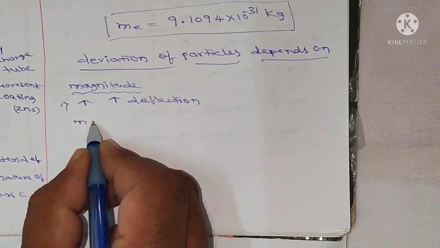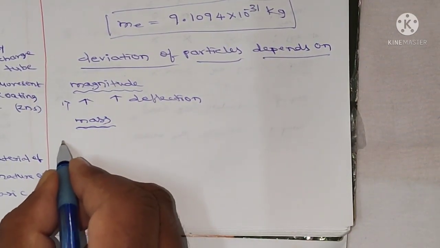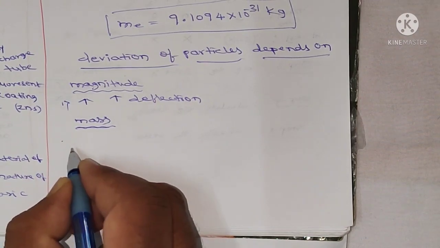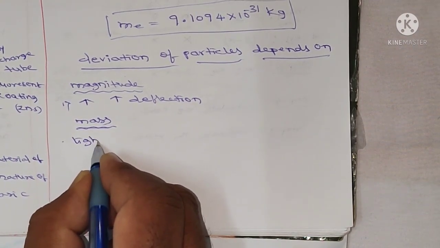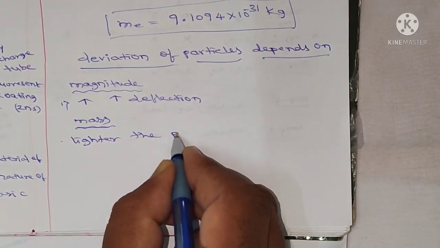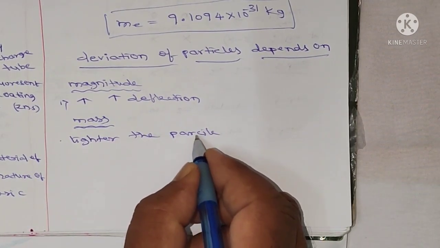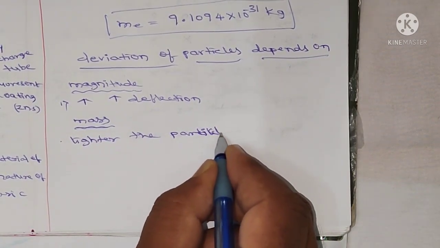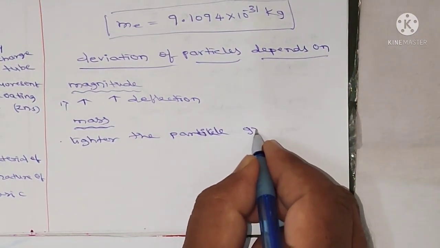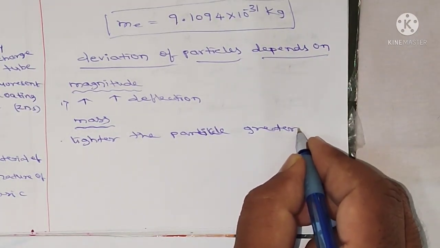And mass: lighter the particle, greater the deflection.